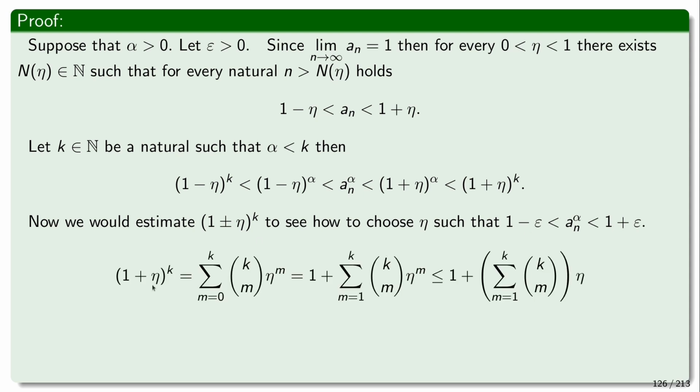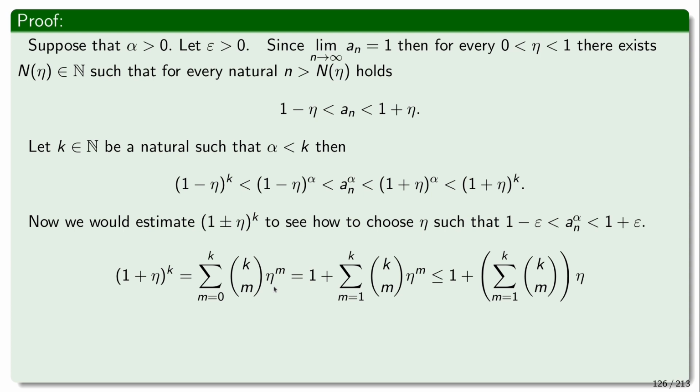So for now, we can use the Bernoulli formula, and then (1 plus eta) to the power of k is just, expanding the binomial formula here. And then since eta is between 0 and 1, the greatest term, eta to the power of 1, is actually the largest number here, right?